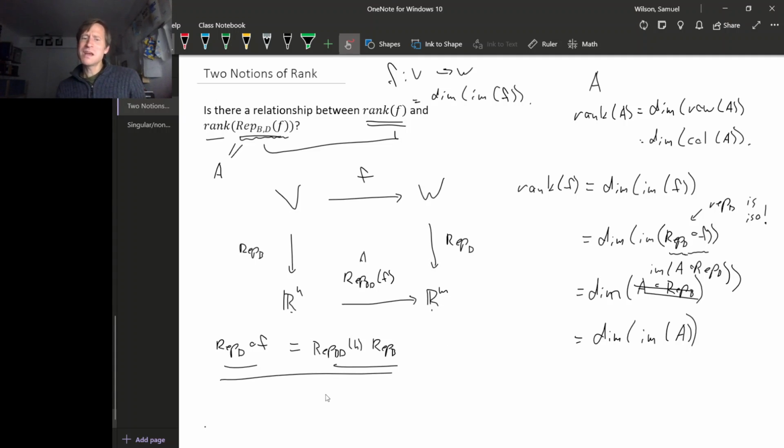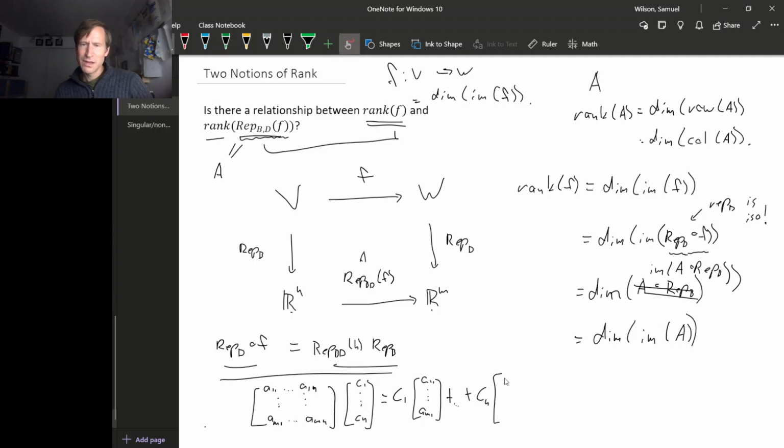But remember something about how this is defined. If we have a matrix with entries A11 to A1n down to Am1 to Amn, times a vector, say c1 down to cn, one way to write what this is: c1 times the column A11 down to Am1, plus dot dot dot, plus cn times the column A1n down to Amn.